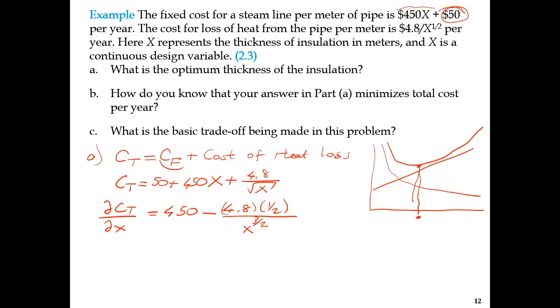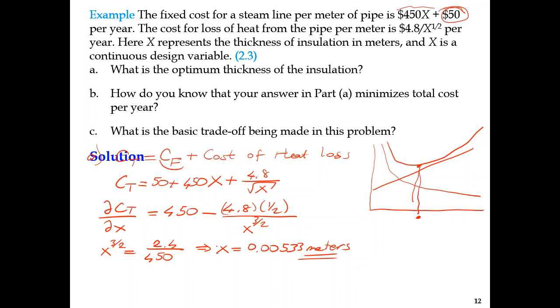Okay, and from here, when you solve for it, you find that x to the power 3 over 2 is equal to 2.4 divided by 450, and from here x appears to be 0.00533 meters. Okay, this is meters of insulation material. So when you multiply it by 100, it's 0.5 centimeters.